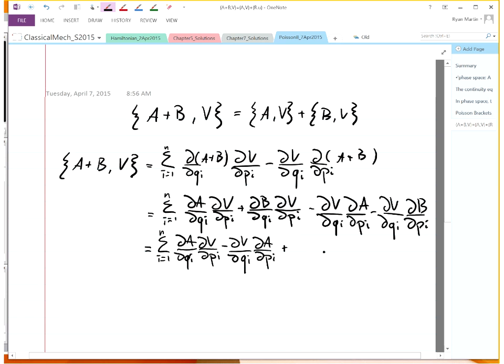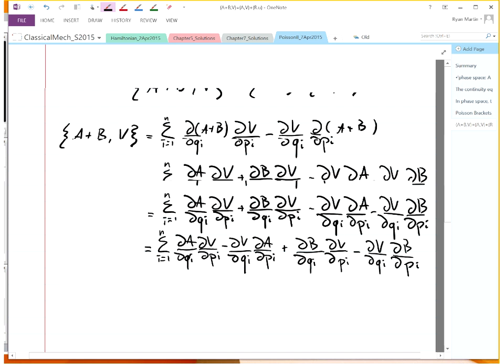And then plus the B term: ∂B/∂q_i ∂V/∂p_i minus, put the V first, ∂V/∂q_i ∂B/∂p_i.